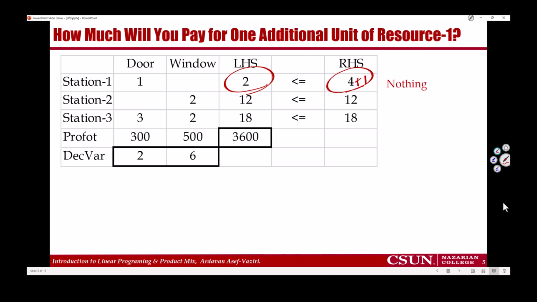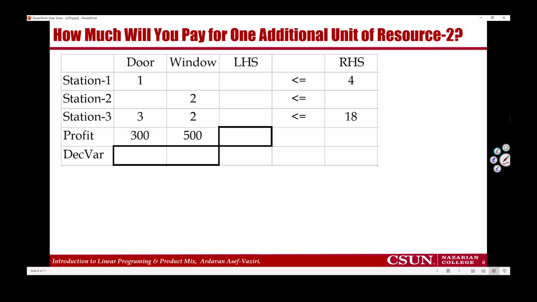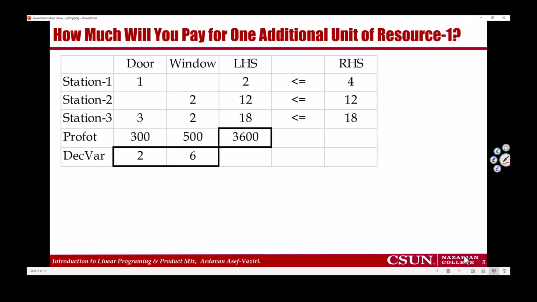Shadow price of this resource at the current situation is 0. What about resource 2? It was 12. What if we can buy 1 additional unit? For this resource, left-hand side was equal to right-hand side.